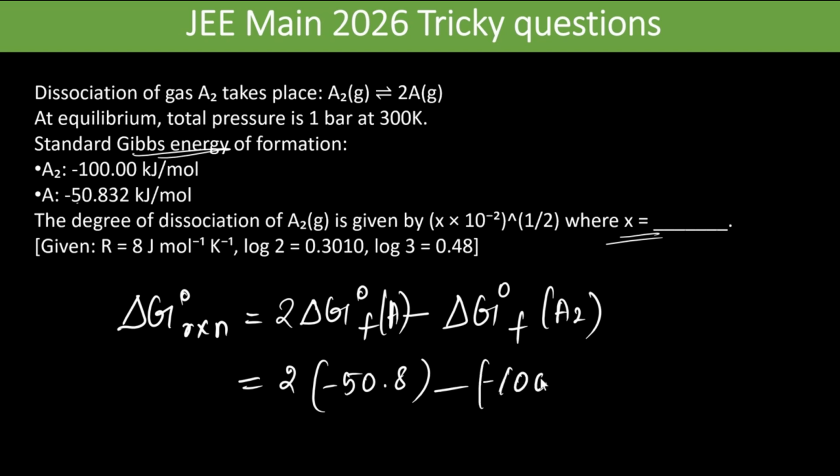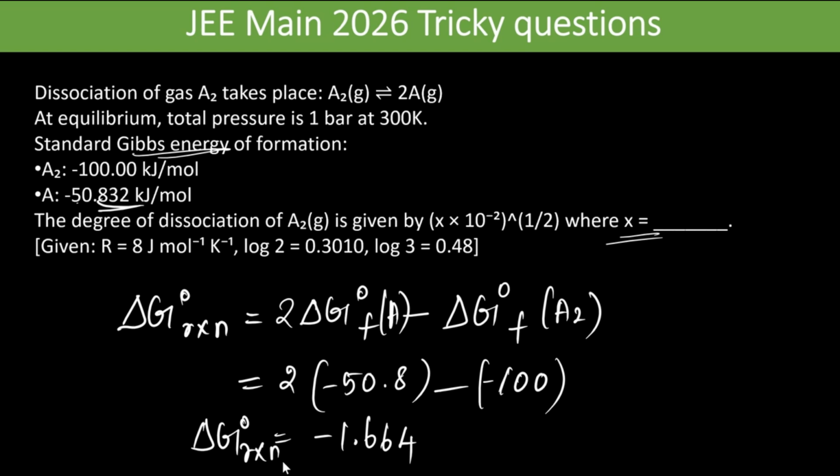So minus of minus 100 becomes plus 100. Solving this, we get delta G naught of reaction as minus 1.664. Okay, we found delta G naught of reaction.